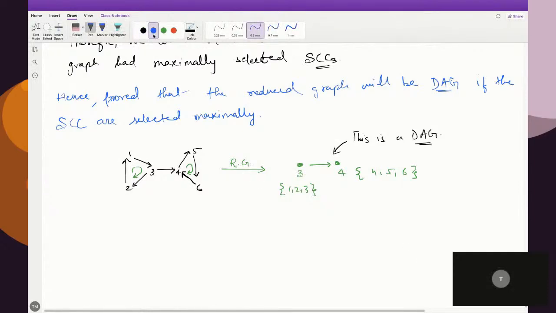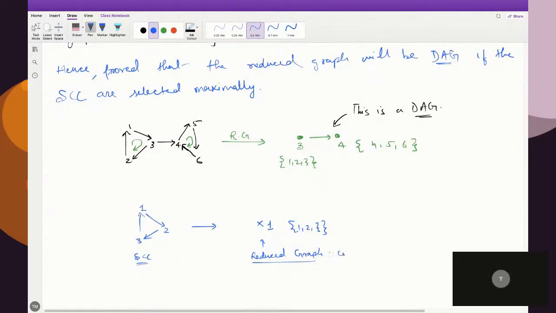So this whole thing, one, two, three, and the compressed graph will just contain any node, and you can pick any node number, one, two, or three, anything as you like. But it represents one, two, and three, all of them. Okay, so this is the strongly connected graph, and this is the reduced graph. Note that it contains only one node.